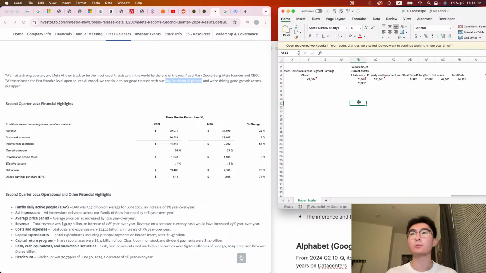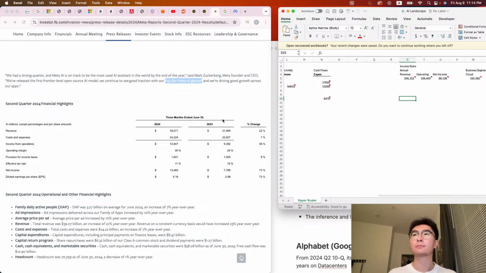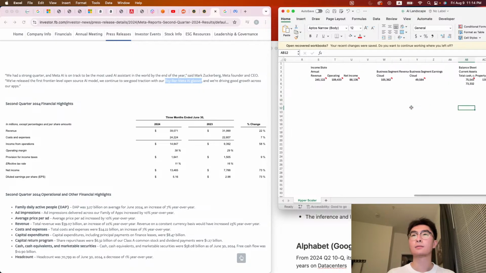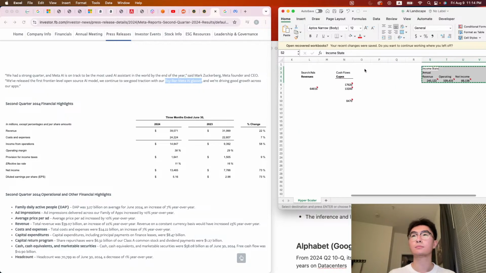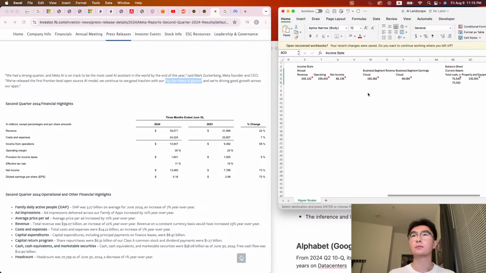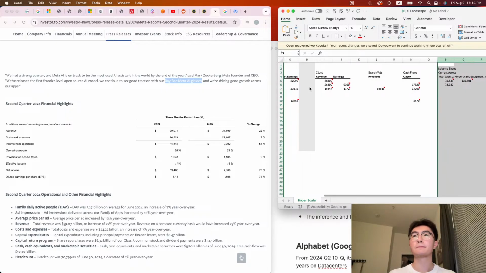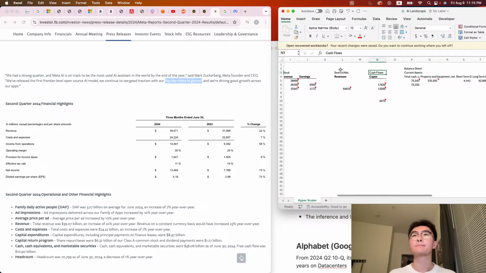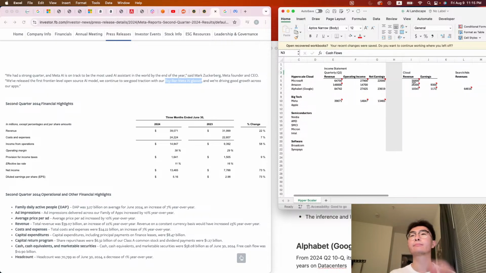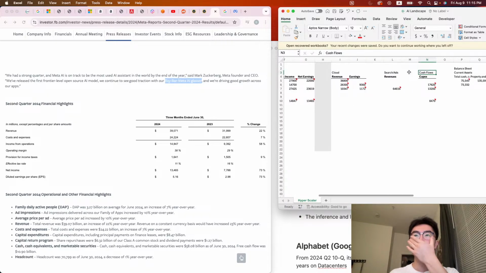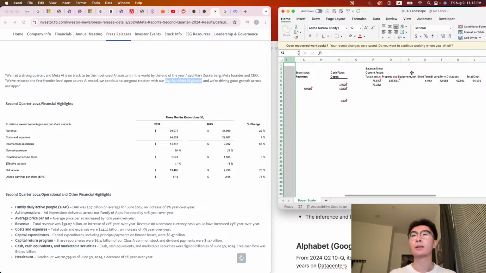Alright, yeah, so also, what's the balance sheet looking like? I forgot to do that for the other ones. Balance sheets.